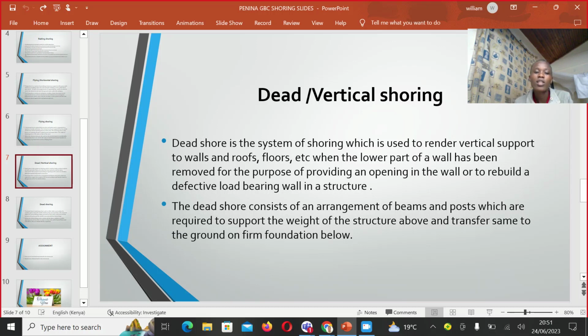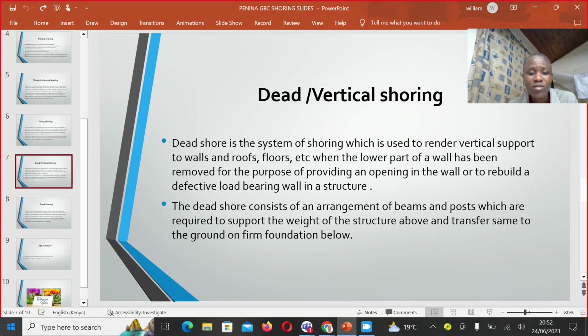Now we have dead or vertical shoring. Dead shoring is a system of shoring which is used to render vertical support to walls, roofs, or floors. Now, who can read for us what is on this? Wanja, read what you are seeing.